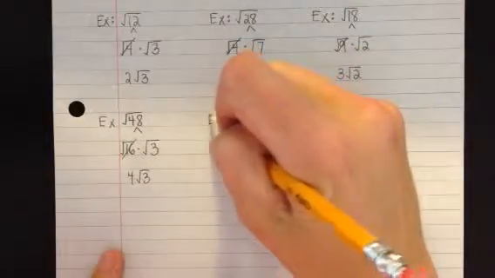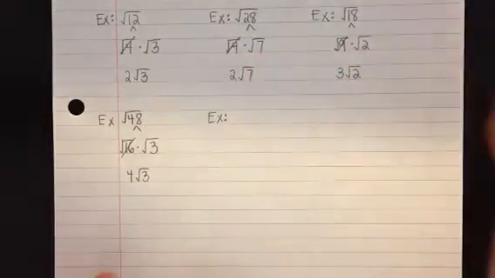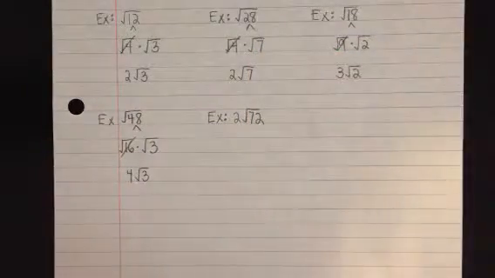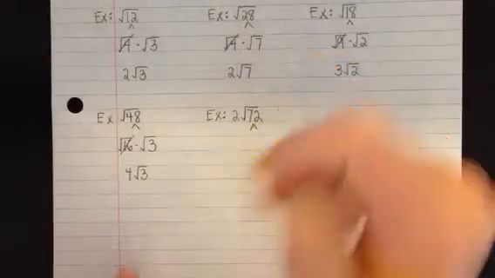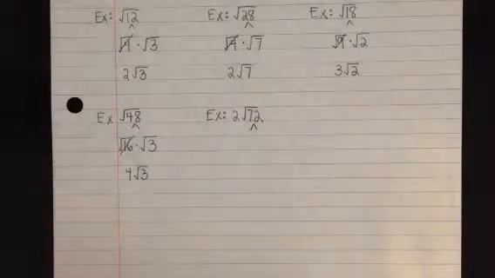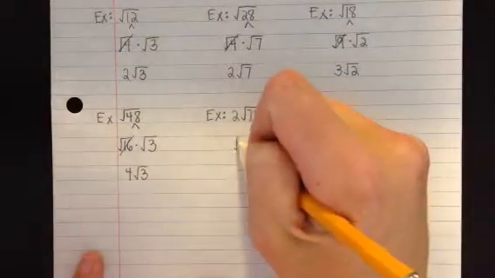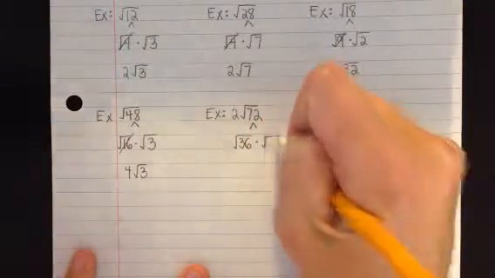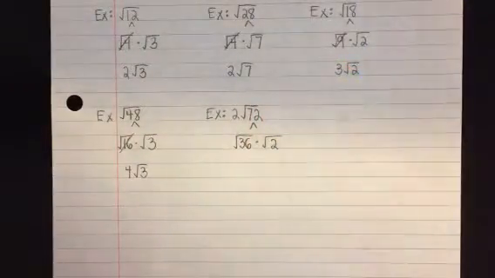Now what if you have something like 2 square root of 72? So all you're breaking up is what's under the radical. So under the radical we have 72. Let's break that up. Square root of 36 times square root of 2.